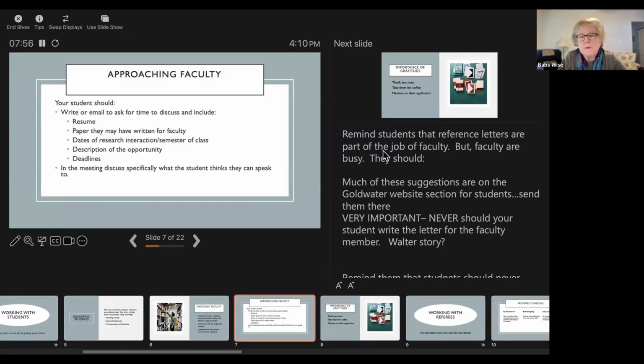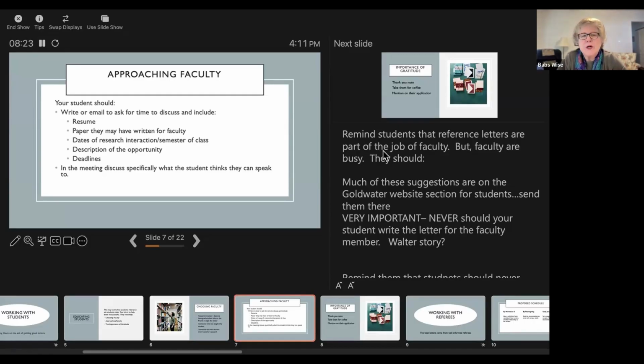Something, if they wrote a paper for that faculty member, if they can attach that helps the faculty maybe figure out who this kid was, or think about their original thoughts, or whatever it is. And then give them some dates. Tell them when they actually work together, when the student and the faculty were together.